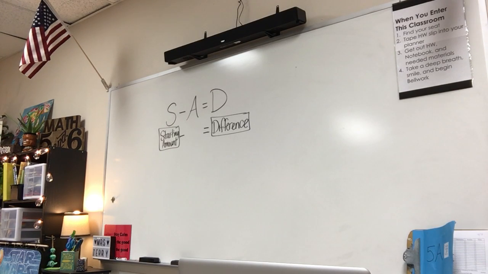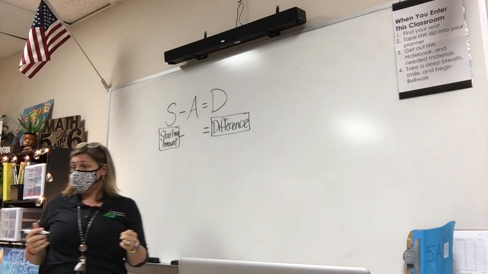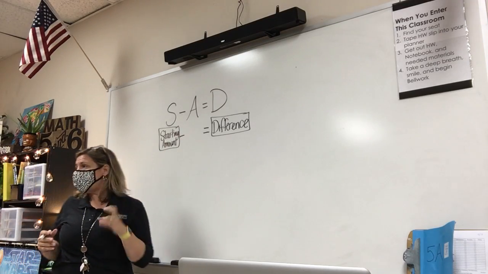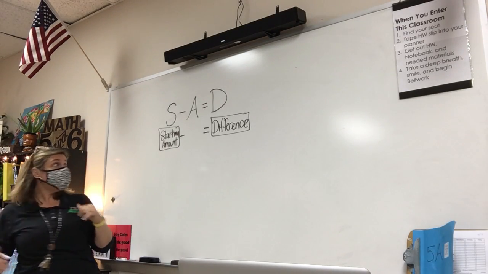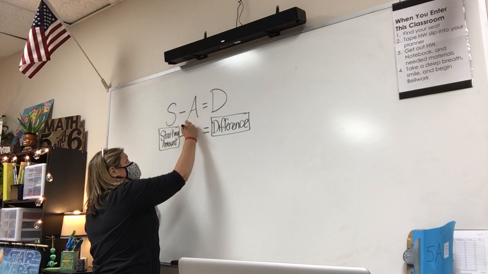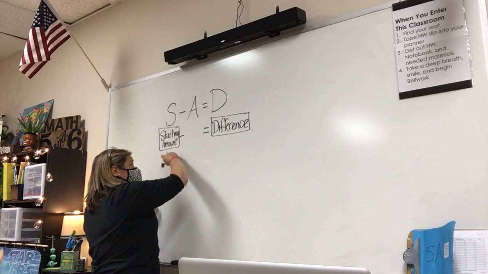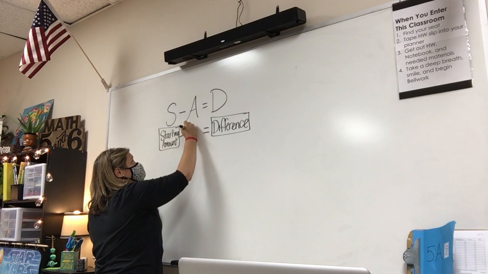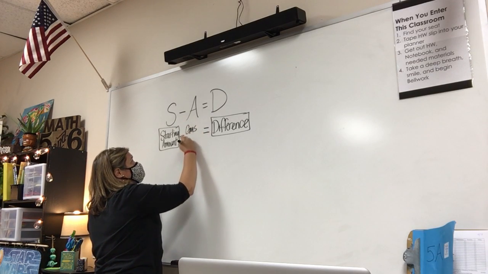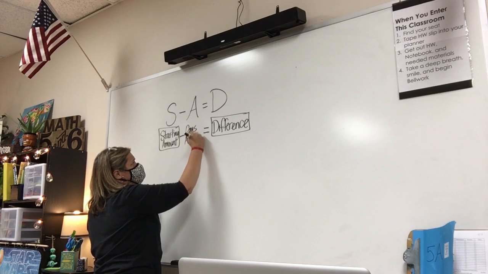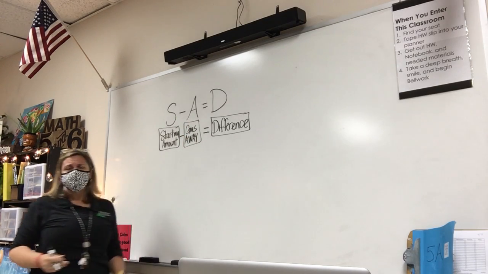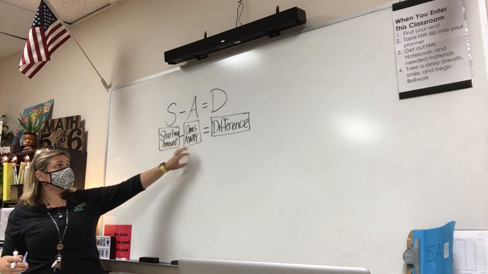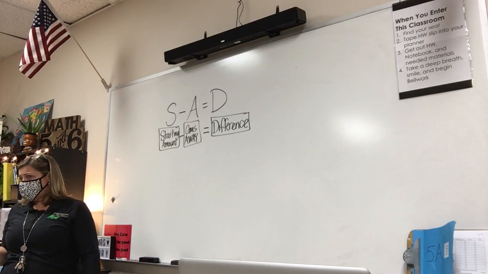You have a starting amount minus something equals the difference. What do you think it might be? Joshua? No, atoms is about adding. Hallie? Away, okay, so starting amount's sum goes away, okay? Goes away. Okay, so write down goes away. All right, so we've got starting amount minus goes away equals difference.